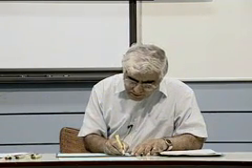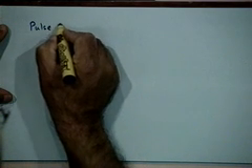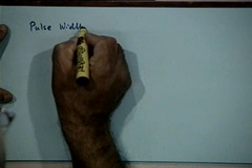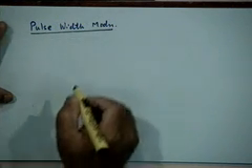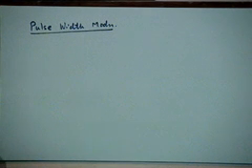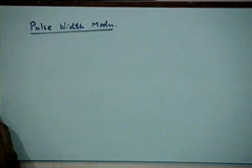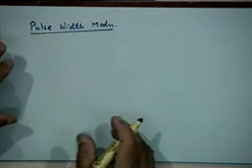More importantly, we will now turn to the two other kinds of pulse modulation schemes that are commonly used, namely pulse width modulation and pulse position modulation. Let us look at pulse width modulation first. As the name obviously implies, the parameter which you modulate here is the width of the pulse.